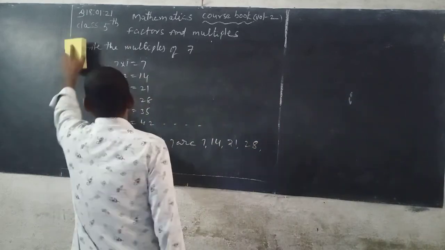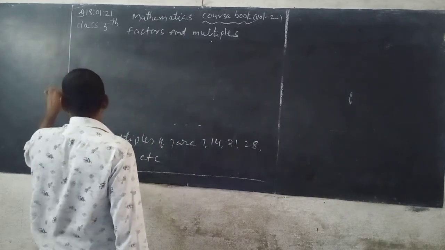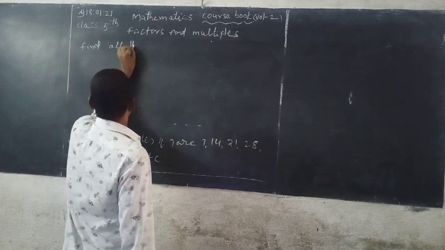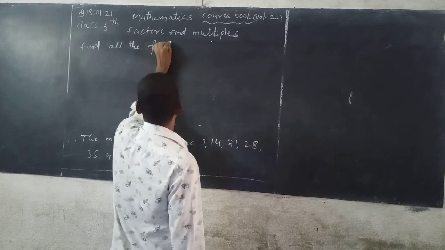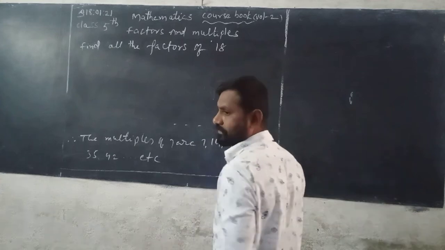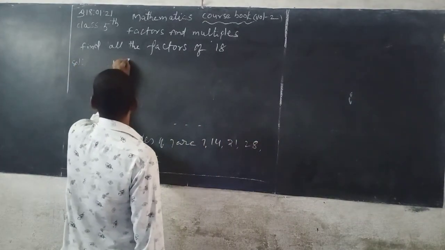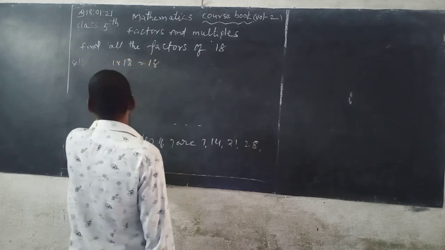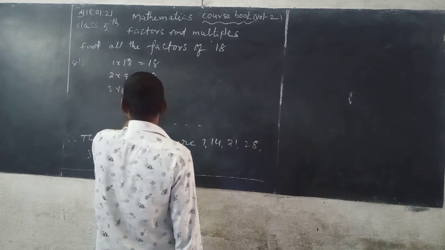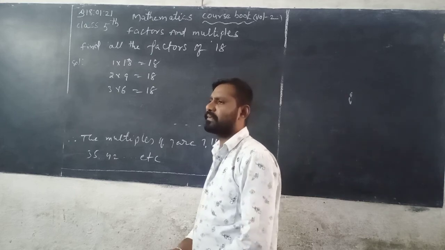Now next, find all the factors of 18. Look at the blackboard. 1 18s are 18. Next, 2 table: 2 9s are 18. 3 6s are 18. 4 possible? Not possible. 5 possible? Not possible.